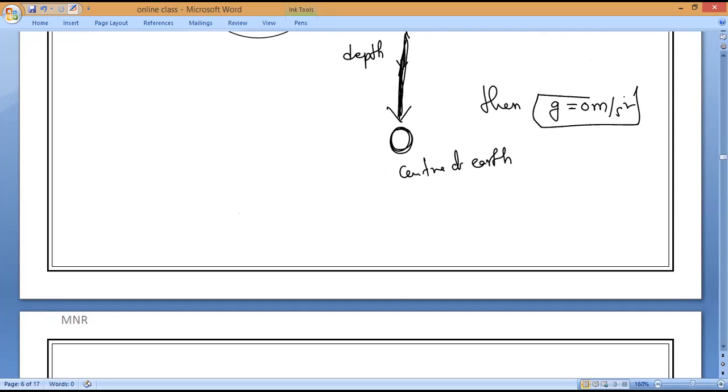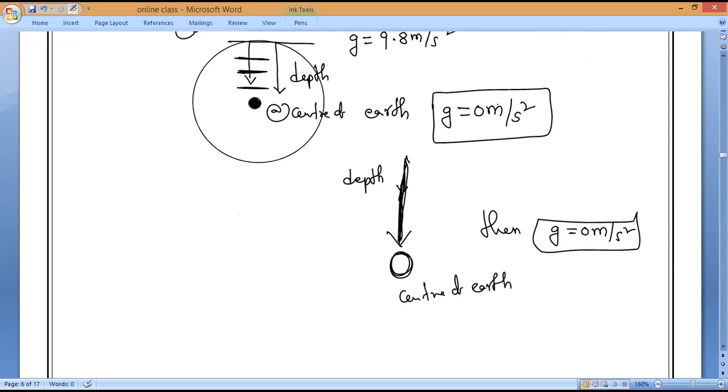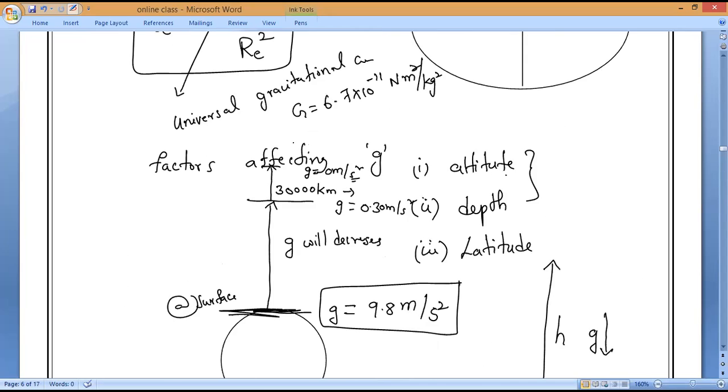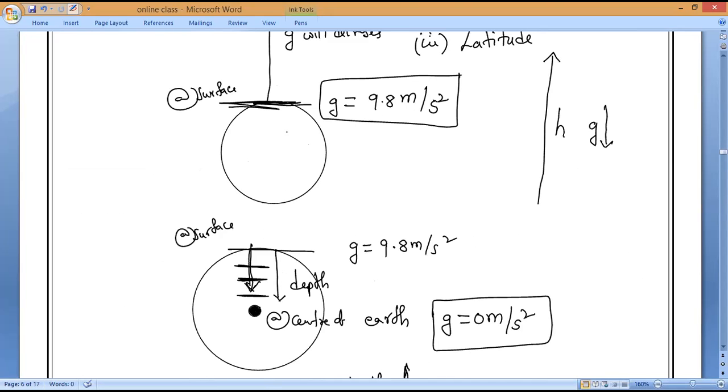That is what you have to remember. So if I keep on going deep inside the earth, depth increases and G decreases. At a particular point, the G value becomes 0. So these are the two factors: one is altitude, second one is depth.